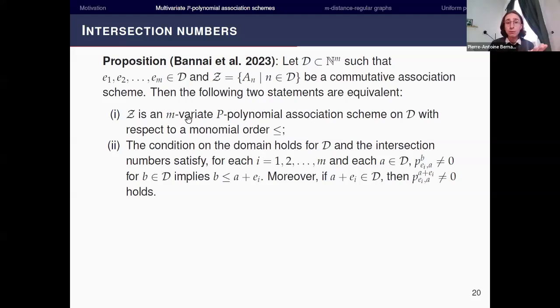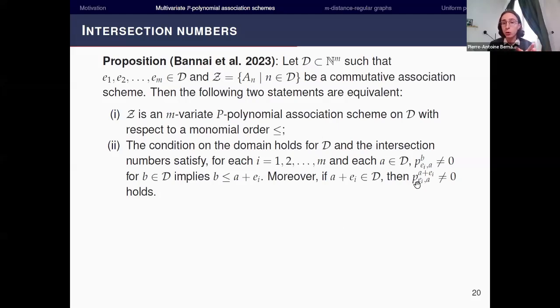So if you have an M-variate P-polynomial scheme with respect to the definition of the previous slide, it means that if the coefficient P_{e_i, b, a}, here the b and the a are already tuples of integers, if this coefficient is non-zero, it requires that b is smaller than a plus e_i with respect to the monomial order that we considered for the M-variate P-polynomial scheme.